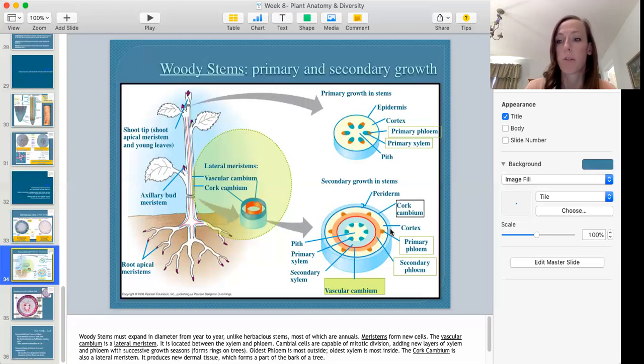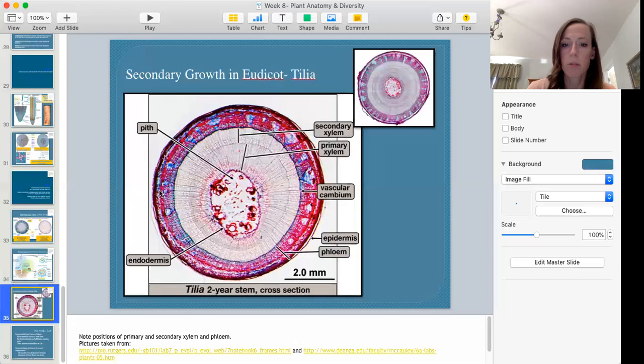Then as time progresses, eventually the outer epidermis dies and falls off. Okay, so that is the diagram of what the woody stem would look like. Let's move to our next slide so we can see what it actually looks like under the microscope.